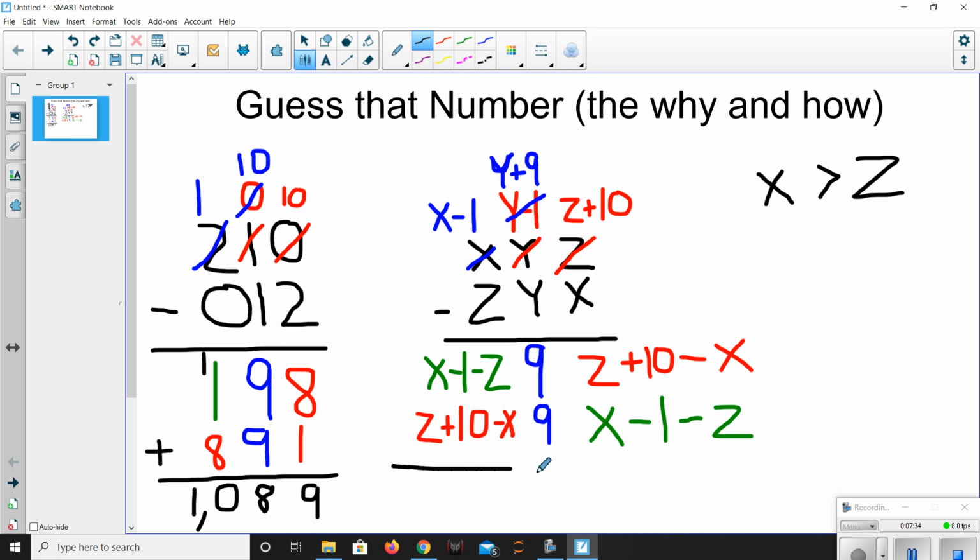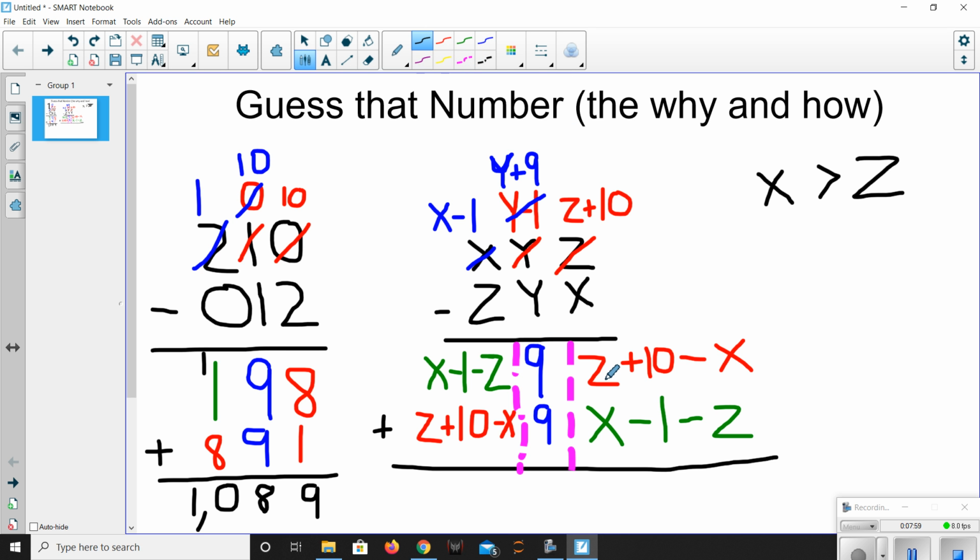And now let's see what happens when we add all this up. Well, let's take a look at just this right here. I'm going to separate this with a dashed line just to separate place values so we can see it a little bit better. Okay.